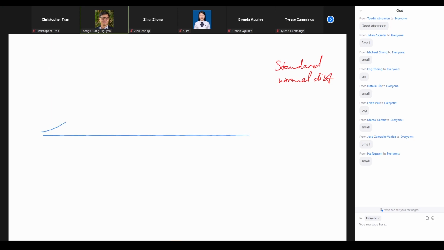It is a symmetric bell-shaped curve like this, right? Where in the middle we have 0, because the standard normal distribution is centered around 0. And then it goes from negative infinity all the way to positive infinity. Okay, so let's start with our standard normal distribution here.